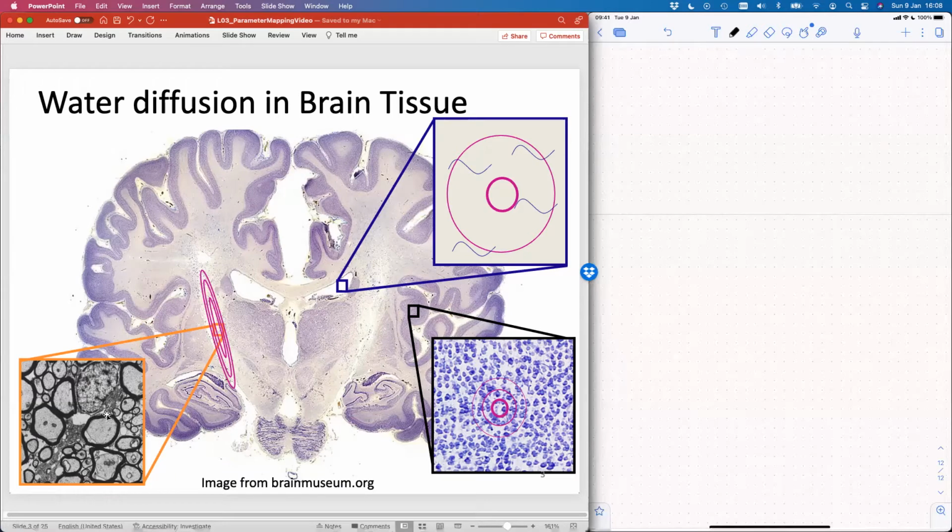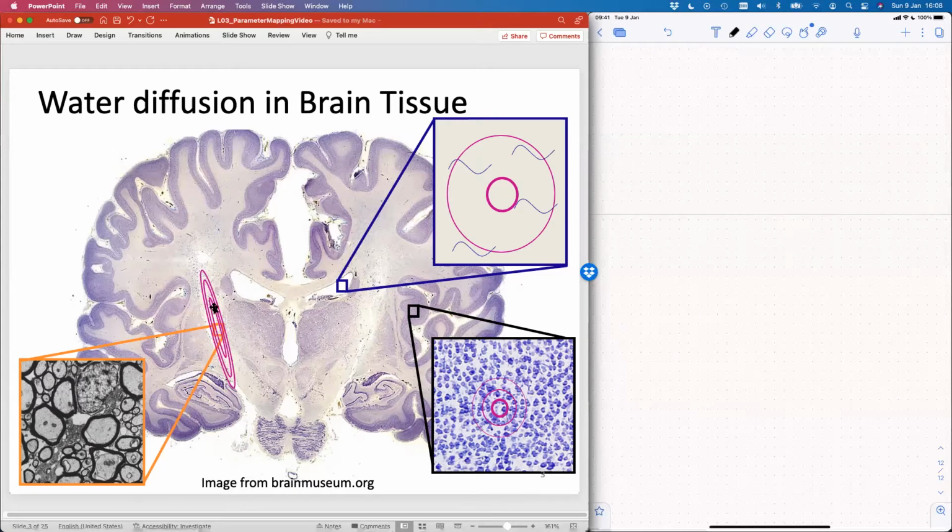They can get trapped inside the fibers, and even if they're outside, it's difficult for them to move perpendicularly because they have to go in and around all the different cells and fibers. So the kind of dispersion pattern that we see in these environments tends to be anisotropic, elongated in the direction of the fibers.